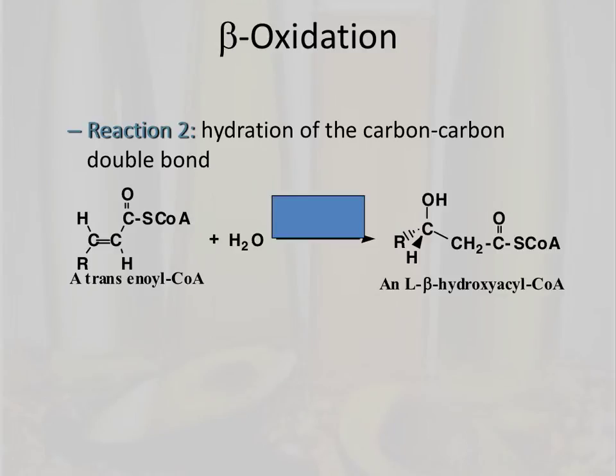And I know it sounds really scary, but if you break it down, it should make sense. The CoA, the acyl, so that's the ground zero carbon, so that's C alpha, C beta, and it has a hydroxy group. Technically it's L because it's inside the enzyme, so that's why it's stereospecific. But the important thing here is it's beta-hydroxyacyl-CoA.